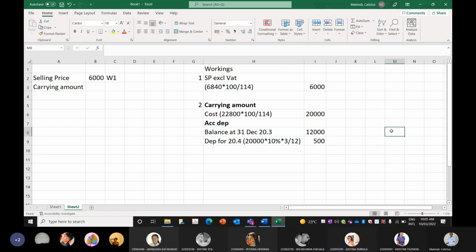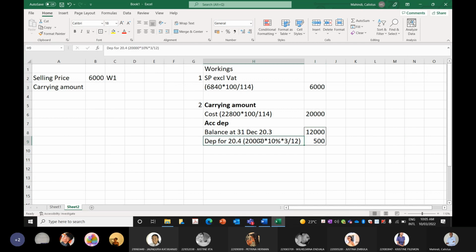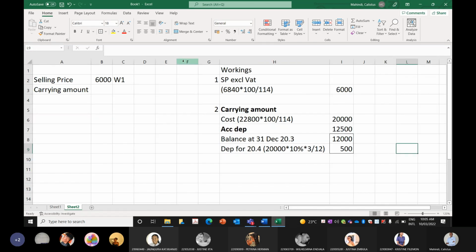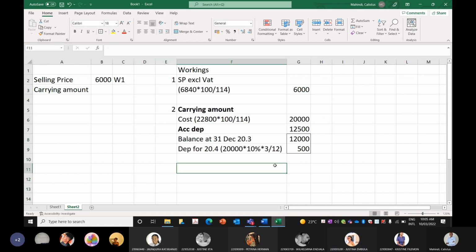So the total accumulated depreciation is 12,500. Are we together? That's the 12,000 plus the 500. So now what's our carrying amount? Carrying amount, you told me, is your cost minus accumulated depreciation.